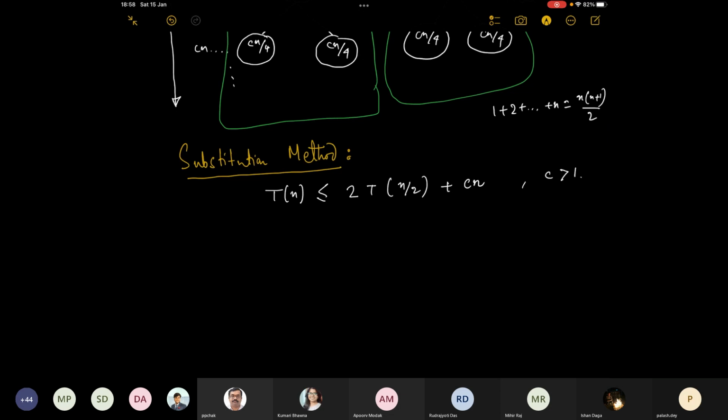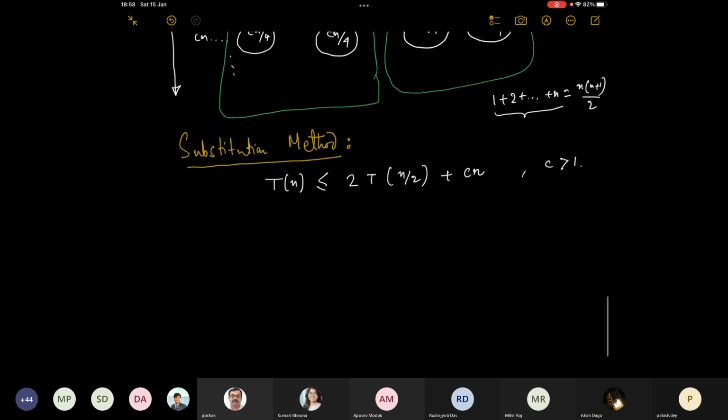But if someone really pushes you for something more formal, then okay, by induction. Let me prove that the sum of 1 up to n is n times n plus 1 by 2. That is completely formal, no gap. That is what the substitution method will do.